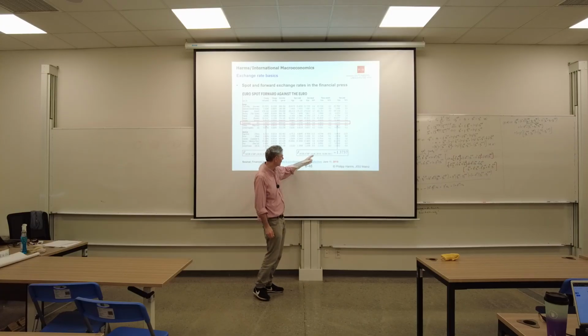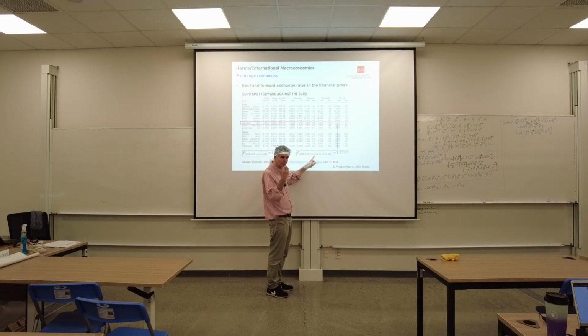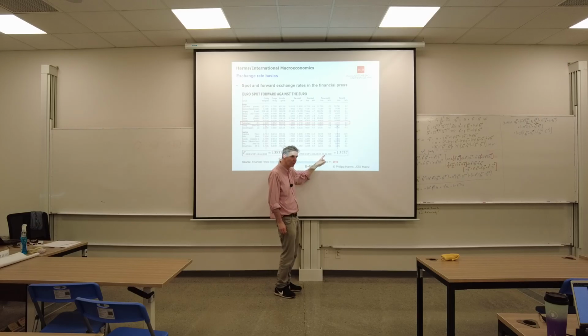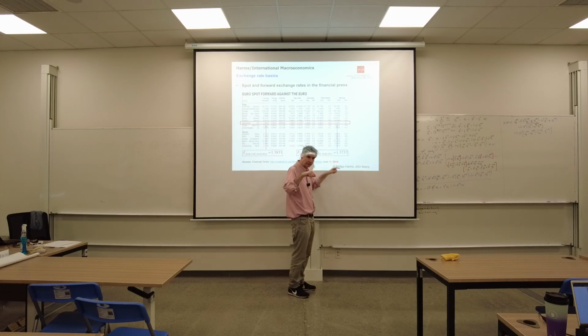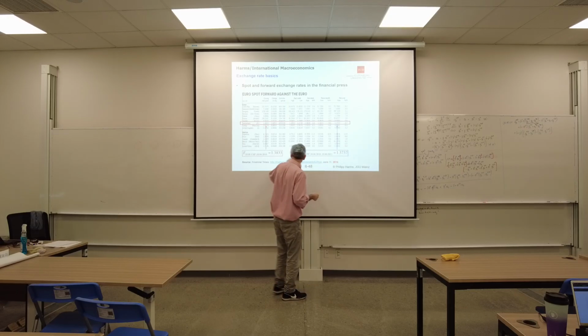So the price is determined on June 10, 2010, but delivery and payment takes place on June 10, 2011, and the price in terms of Swiss francs that you pay for 1 euro was 1.3737.